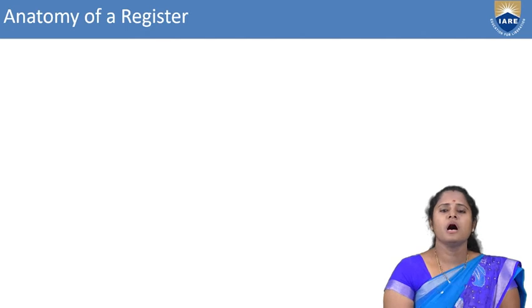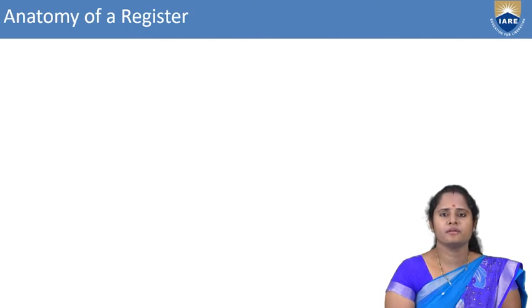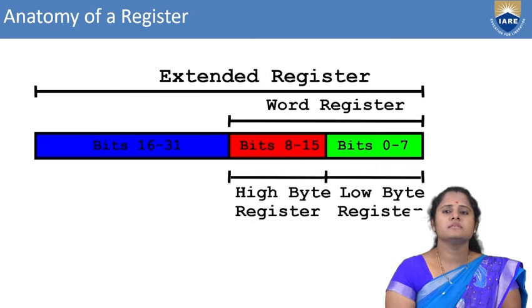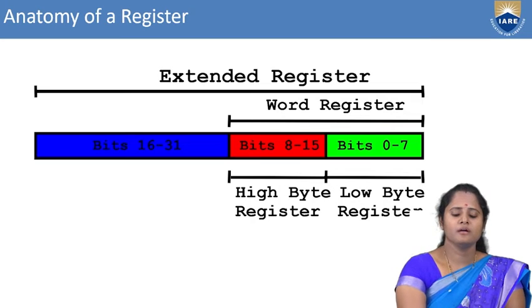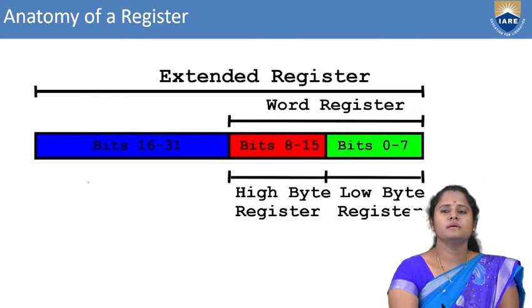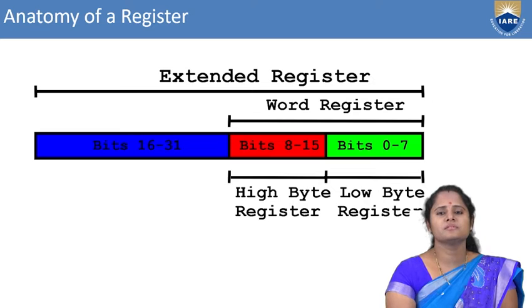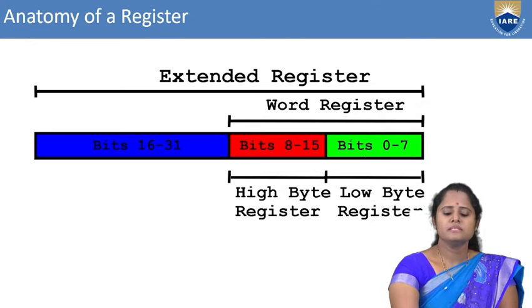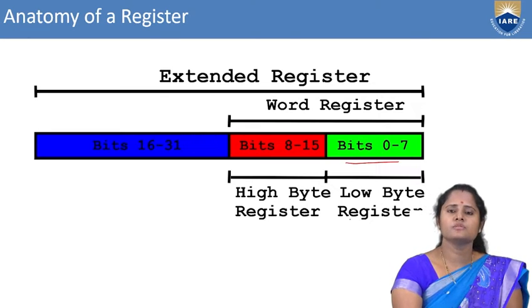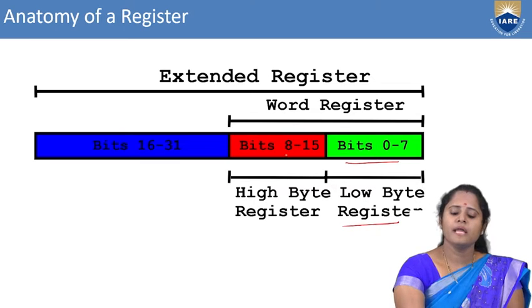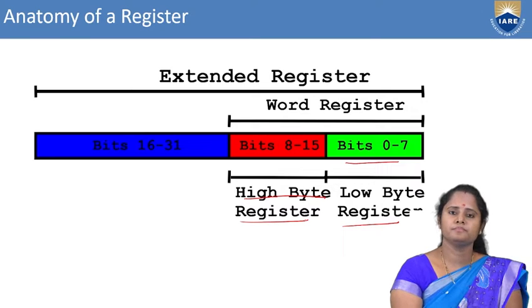Here, how can the register be defined? The anatomy of the register: the length of the register can be 0 to 7 bits, which is called the lower byte register, and 8 to 15 is called the higher byte register.